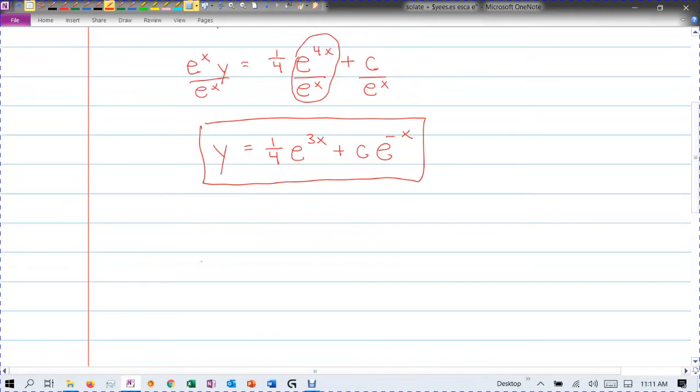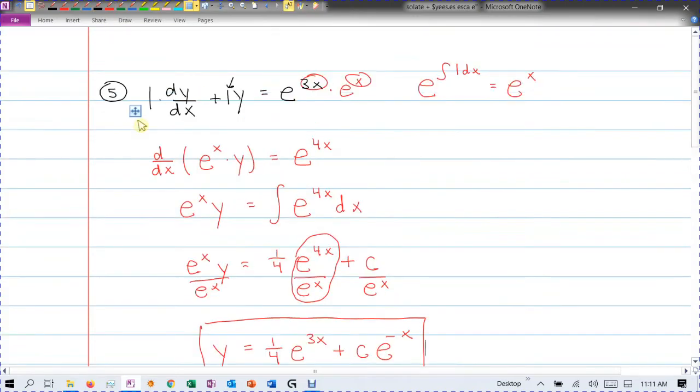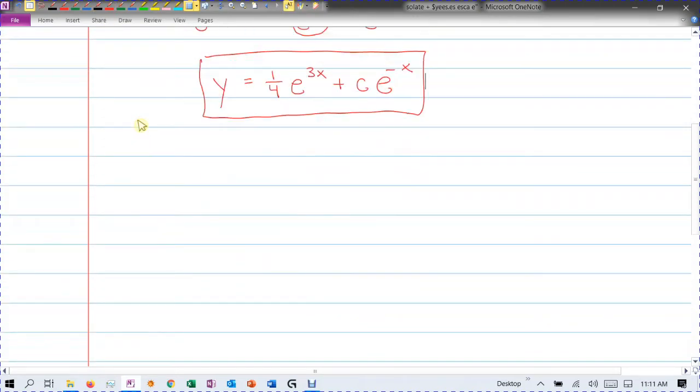All right, let's look at number 6. Wait, was that 6? No, that was 5. Okay, let's look at 6. For number 6, we have dy dx equals y plus e to the x.